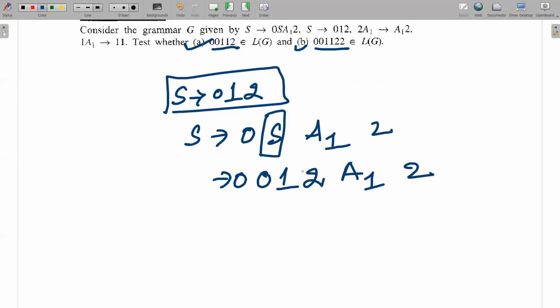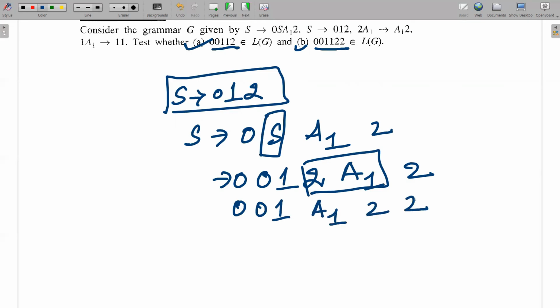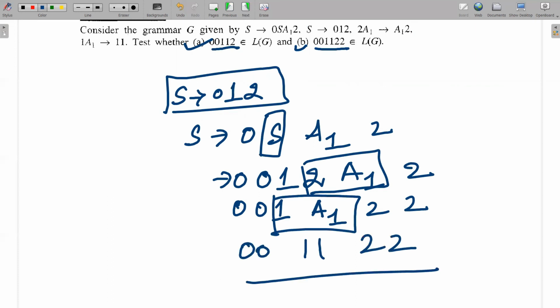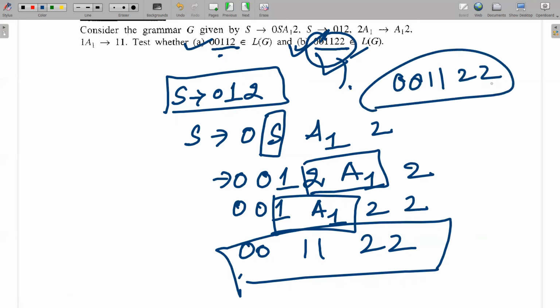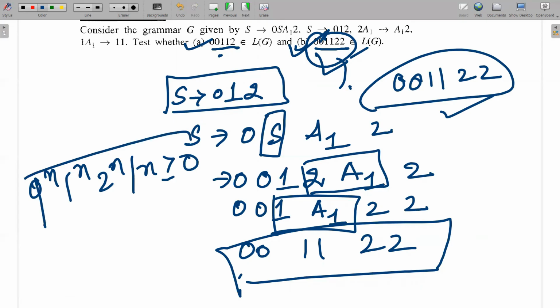Clearly, your 2A1 is generating A12, and your 1A1 is generating 001122. Clearly, this answer is formed. It means the string belongs to this particular language. So the string 01122 is generated, and the language is 0^n 1^n 2^n with n greater than or equal to 0. So this is how it is proven.